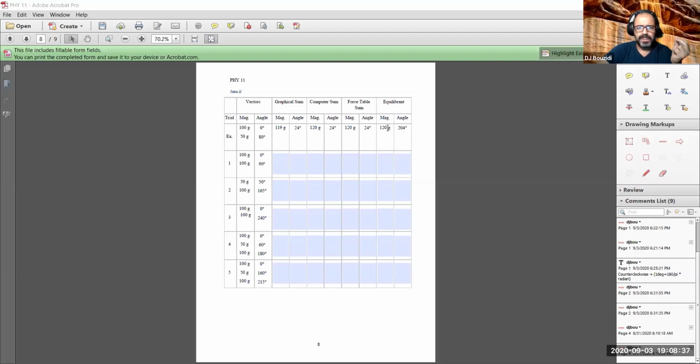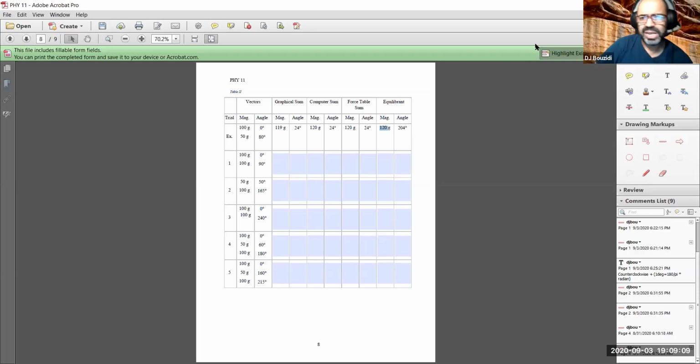So I'm going to put 120 in the equilibrium. Now, the sum, according to the computer, is 24 degrees. They add up to 24 degrees. I have to go 180 degrees more to balance this. So I add 180 to 24 to make it 204.